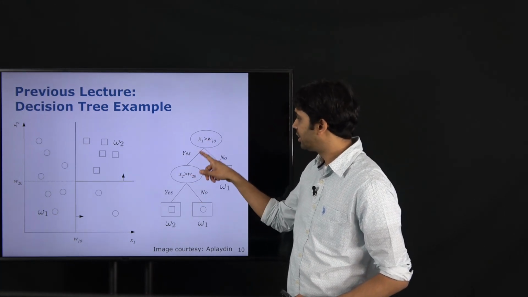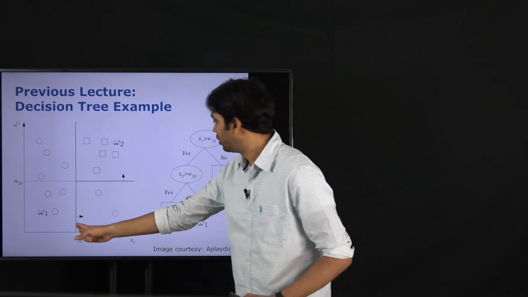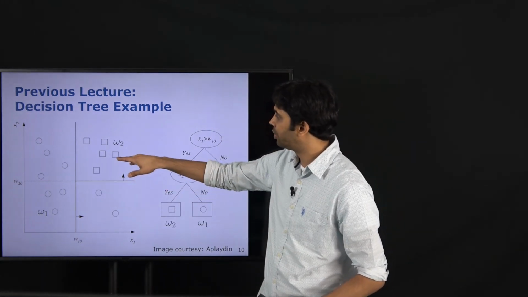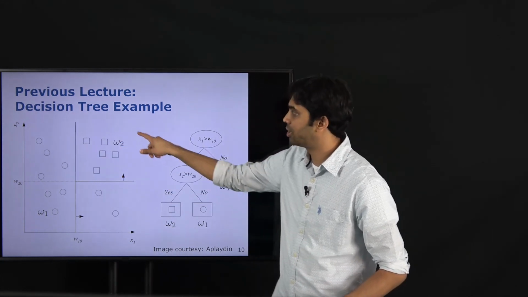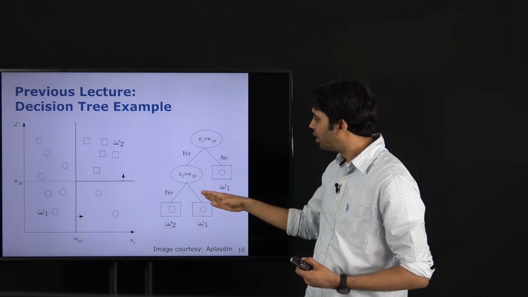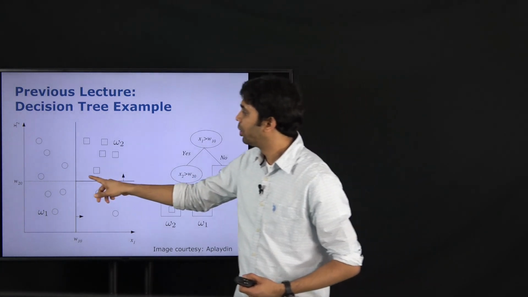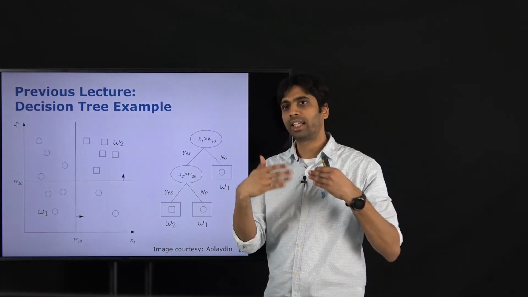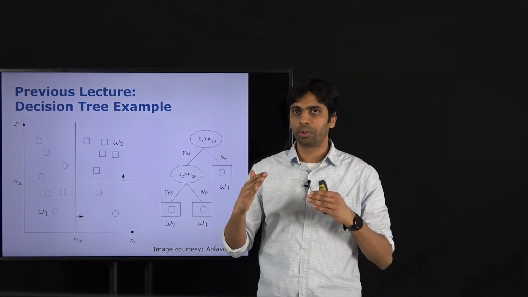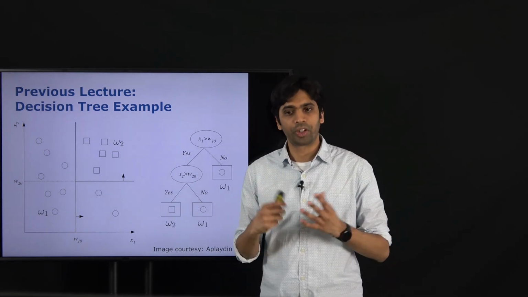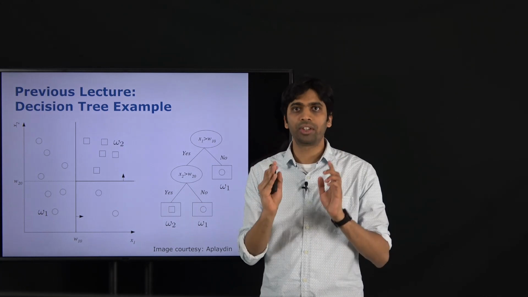If the answer is yes to both these questions, which means that x1 is greater than W10 and x2 is greater than W20, this is the part of the space which corresponds to omega 2. Whereas on the other branches of this tree, you reach the regions which the circles occupy. So in this way, by asking simple questions, you divide your input space and you're able to classify your training examples. So this is how one tree works.